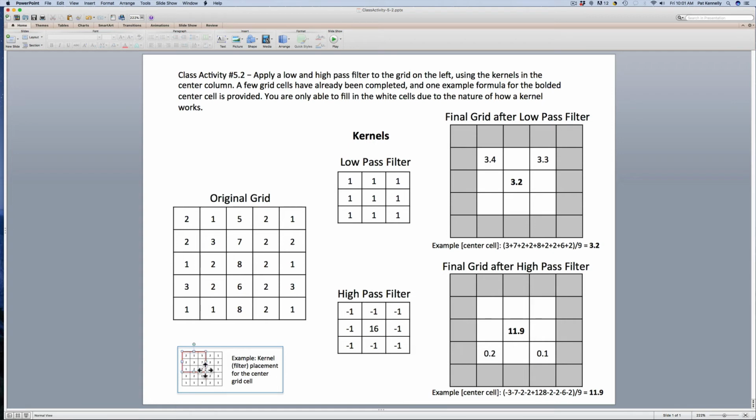I'm just going to move this over one space here, and we'll together do this one here. Okay? So we're going to apply the same low pass filter to these numbers here.